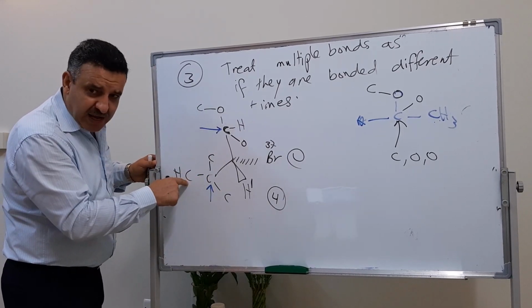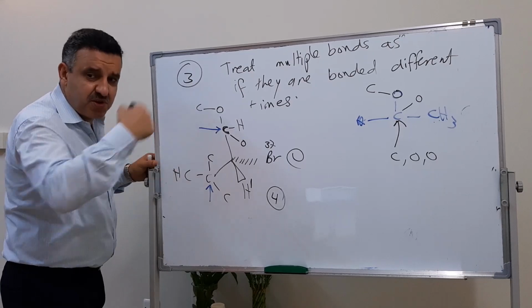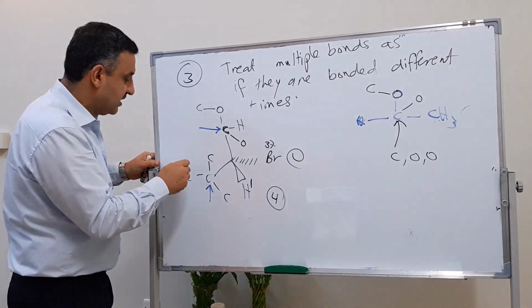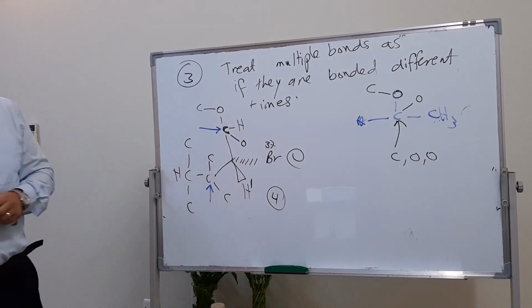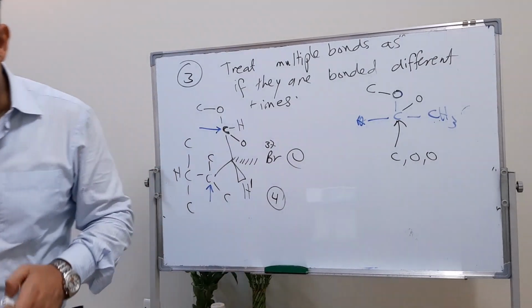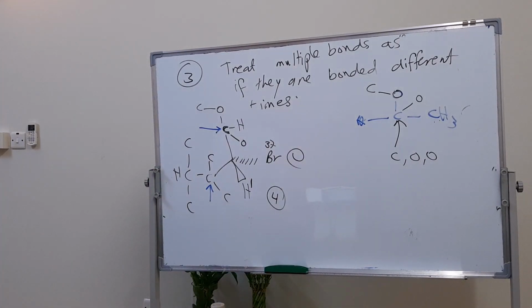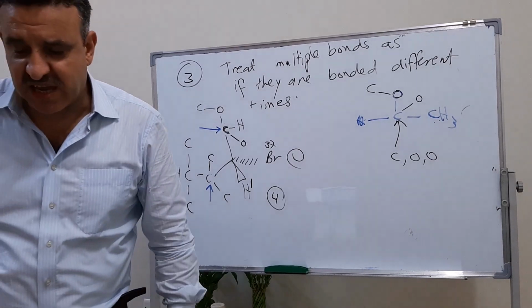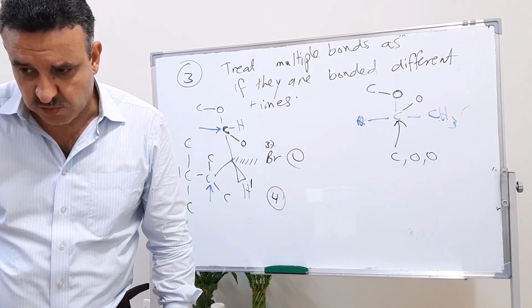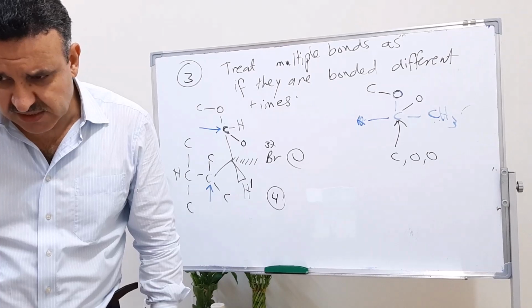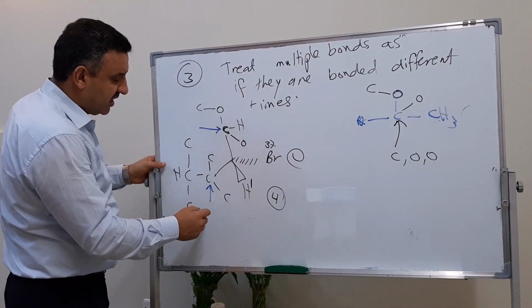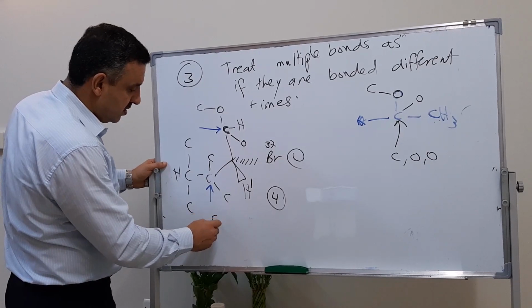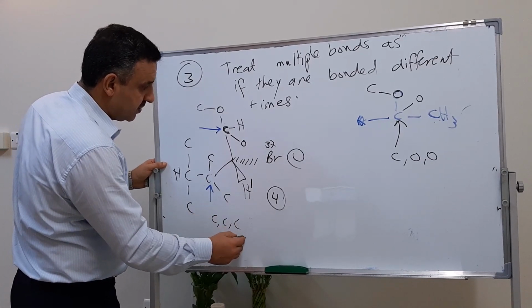The same applies to this carbon too, because if you need it for any further comparison, you need another carbon and another carbon. This is how we deal with triple bonds in assignment of the rules. Is that clear? So in this case, this carbon is attached to carbon, carbon, and carbon.